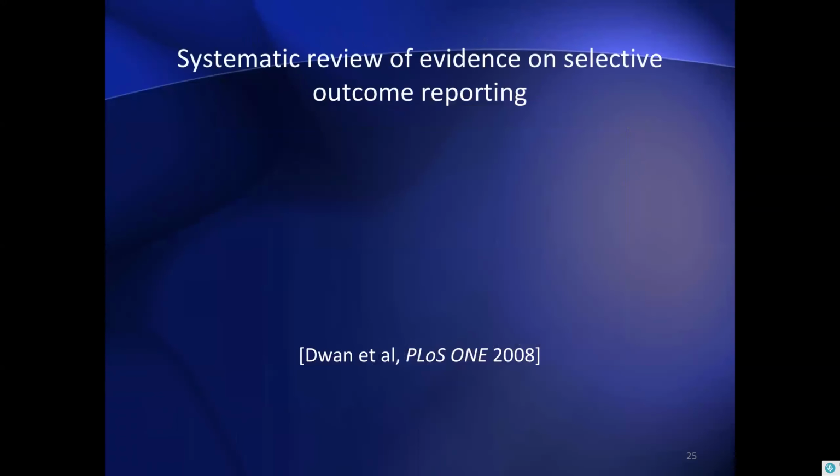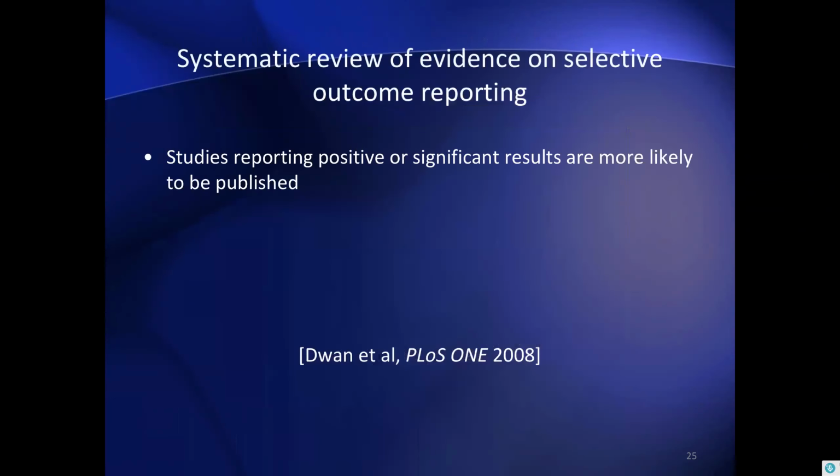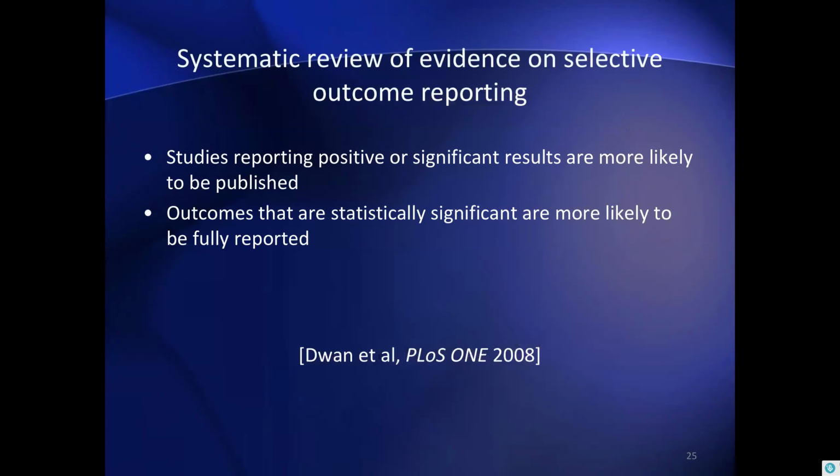Sorry, this is coming up a little bit differently than I planned, but we now have empirical evidence of outcome reporting bias. For example, we know that outcomes that are statistically significant are more likely to be fully reported.